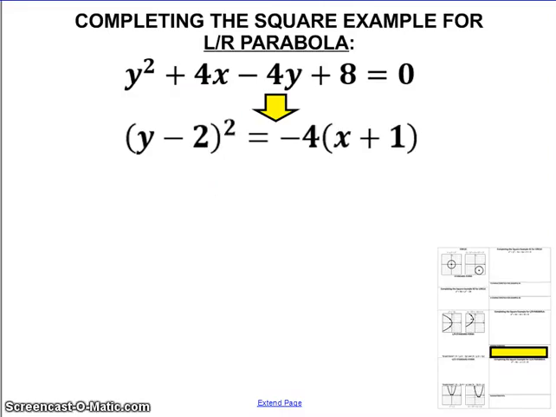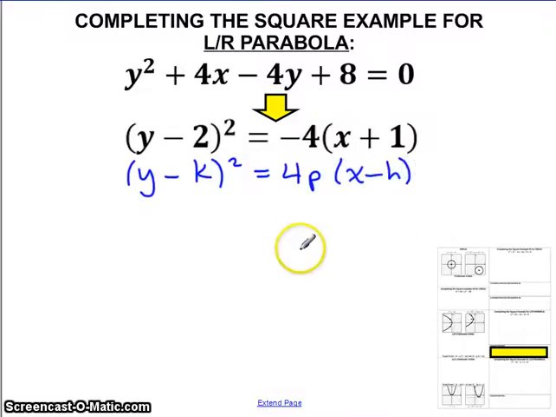So, for example, the left-right parabola that we completed the square for in the previous video. Let's go ahead and write the standard form. Okay, this will be 4p out here, x minus h. Now we can assign values to all of these things. Pretty clearly, k is equal to 2. h is going to be equal to -1.